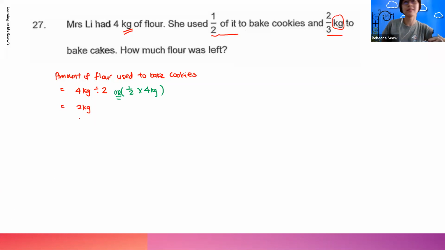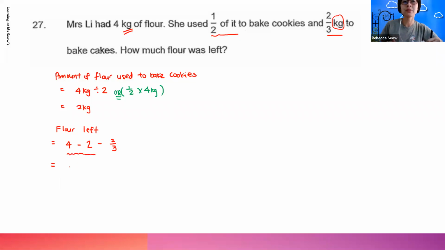Now, she used 2/3 kg to bake cakes. So from here, we can find the amount of flour that was left. So flour left is actually a total of 4 kg, take away 2 kg, take away another 2/3 kg. If you find that subtracting so many numbers at a go is difficult, let's try to work this out first.